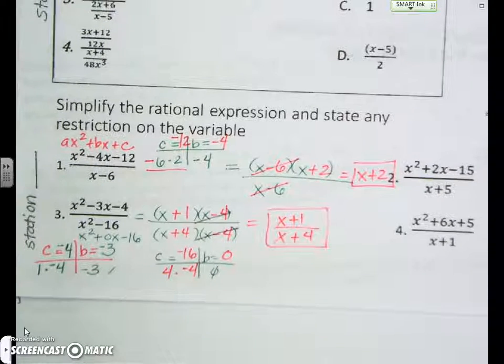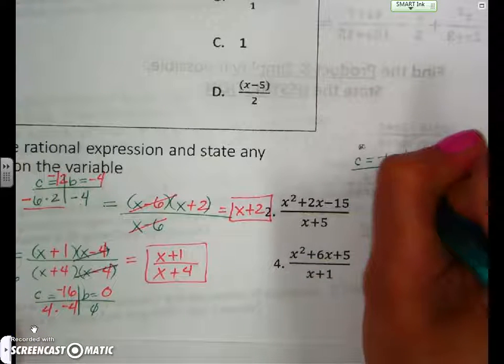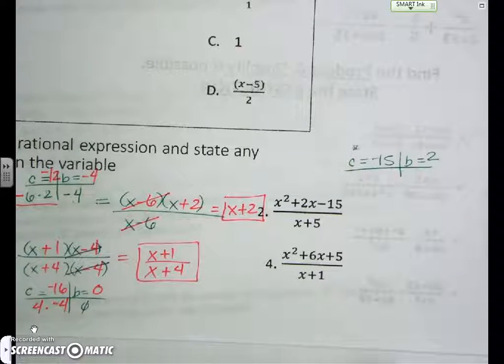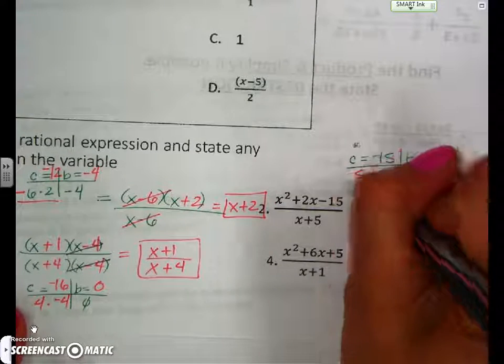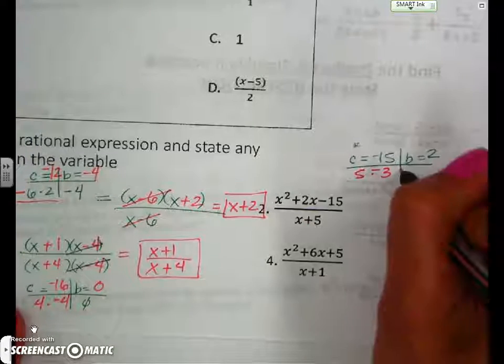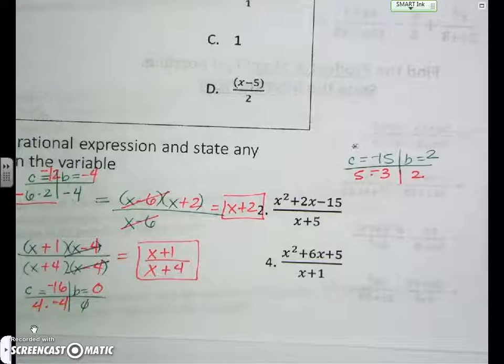Okay, I'm going to go ahead and pause the video. Those of you watching at home and those of you here in the classroom are going to do number 2 and number 4. All I'm going to give you is the answer. C is equal to -15, b is equal to 2. What numbers can you multiply together to get -15? 5 times 3, one of them has to be negative, so I'm going to make the 3 negative so that they add up to 2.